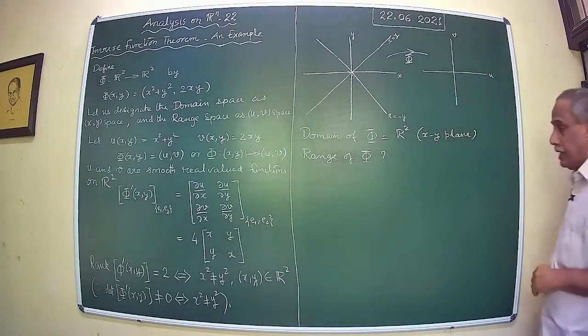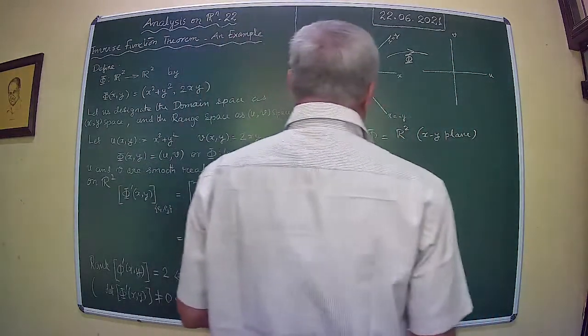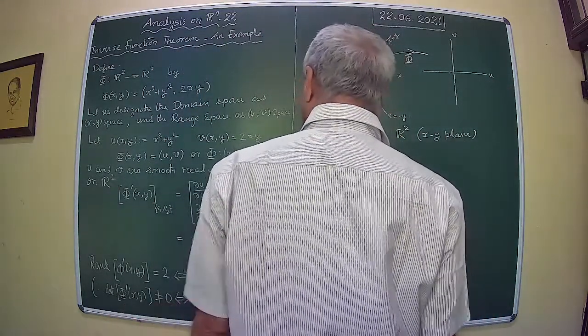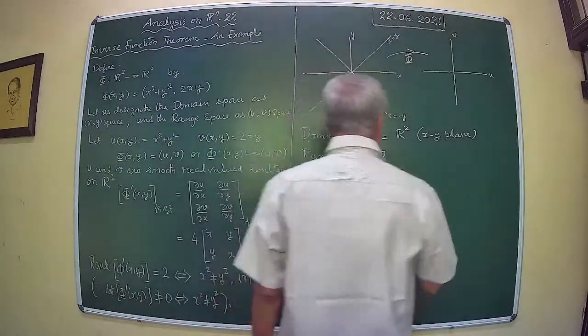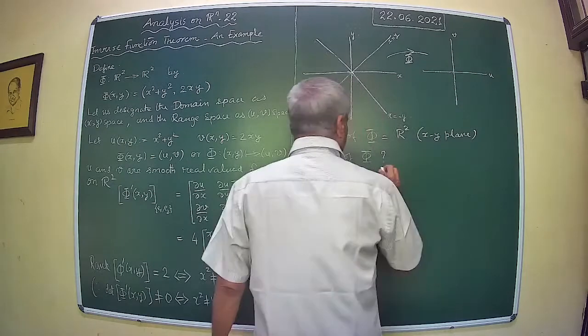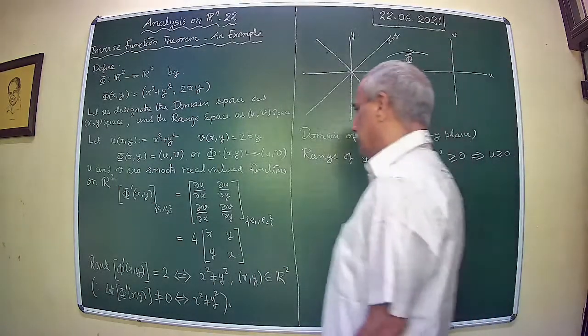Now this is to be analyzed properly and that makes things interesting. It's not equal to the whole of UV plane because you see that x square plus y square greater than or equal to 0 implies u is greater than or equal to 0. Therefore, u less than or equal to 0 is not in the range.